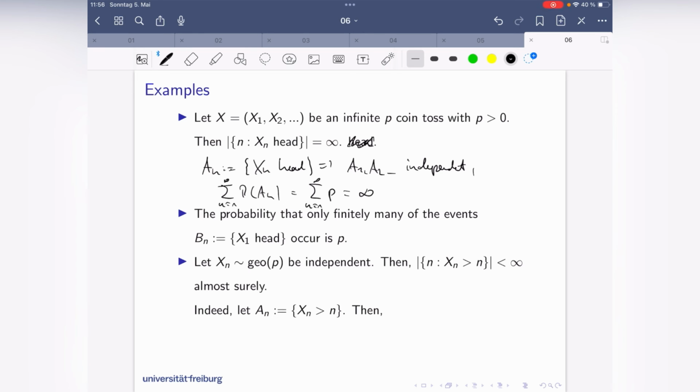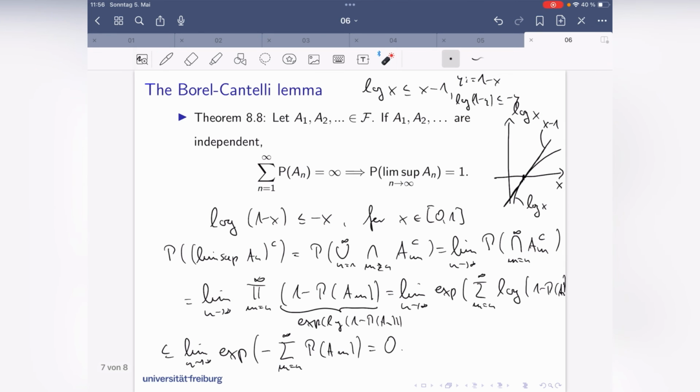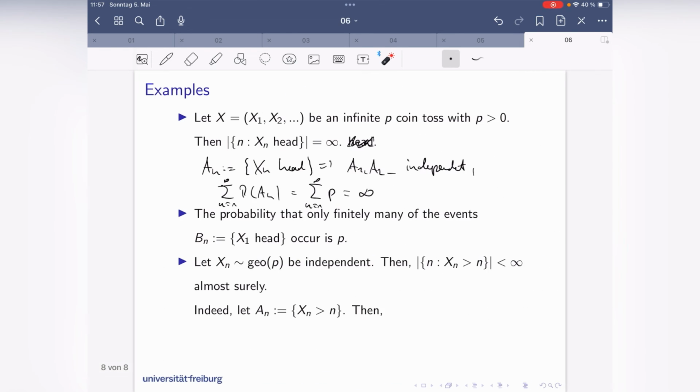And what does that mean now? So that's infinity. The probability of the lim sup A_n equals 1, which means there will be infinitely many heads in this infinite sequence.